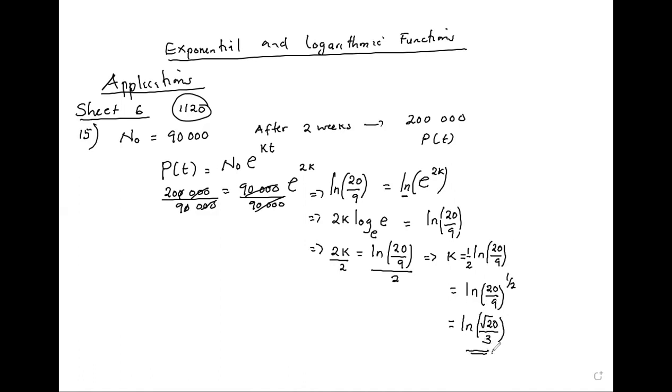As you can see, the root of 20, if I use a calculator just to be sure, is 4 point something. When you divide 4 point something by 3, you get 1 point something. So ln of 1 point something is positive. Why do I say so? Remember the ln function is drawn with this as the asymptote, and this is how it goes.